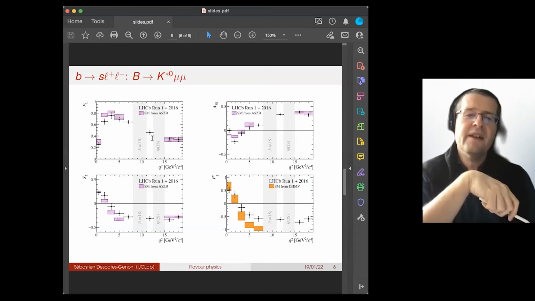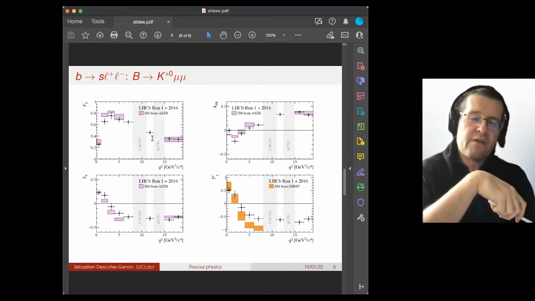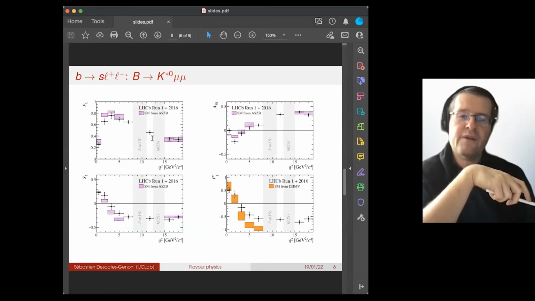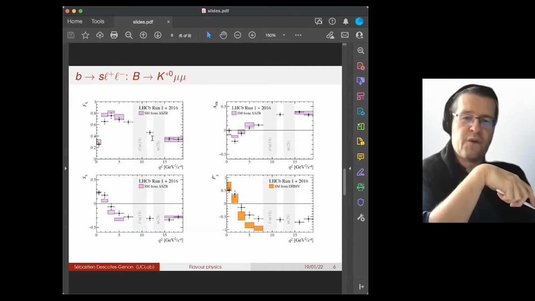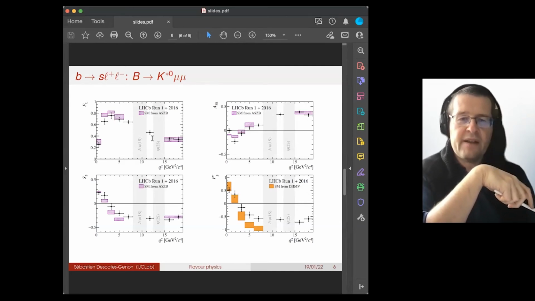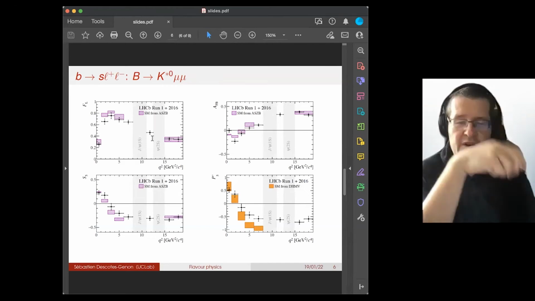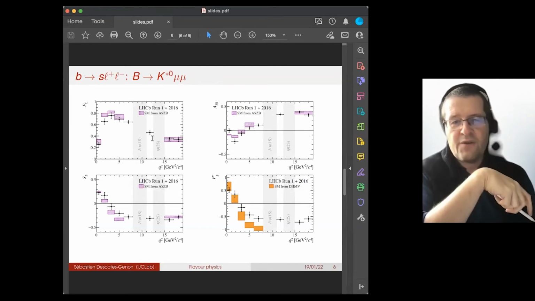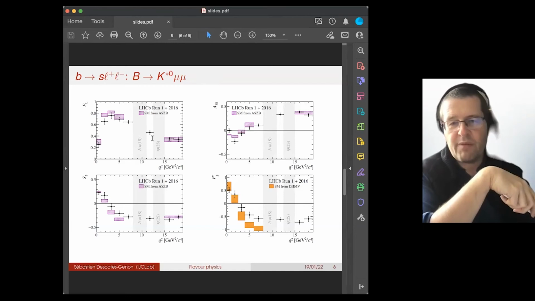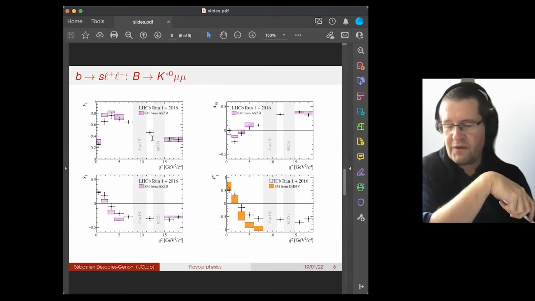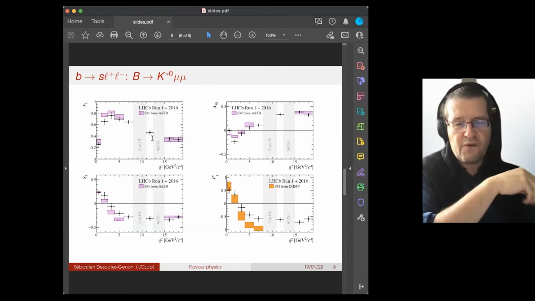And then you have on the bottom half what is shown for a particular angular observable, so one of the many angular observables that you can have. And actually the difference between the two plots, S5 and P prime 5, is the way you define these angular observables. I'll come back to that in a few moments.